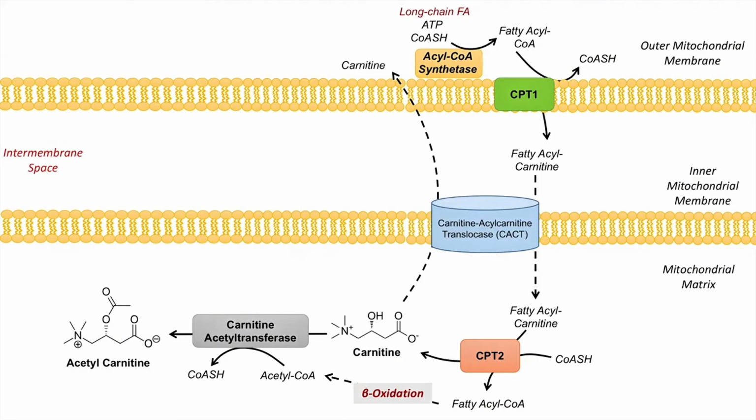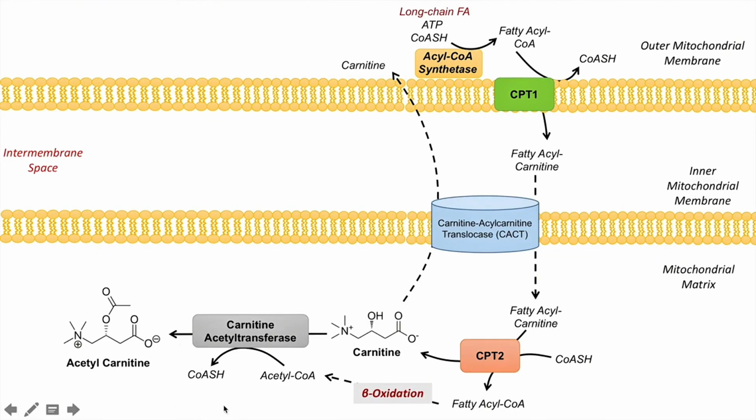So carnitine gets acetylated to form acetylcarnitine. That acetyl group can come from an acetyl-CoA that has been generated from beta oxidation of the fatty acyl chain. The acetyl-CoA, after we've removed the acetyl group, will become CoASH.